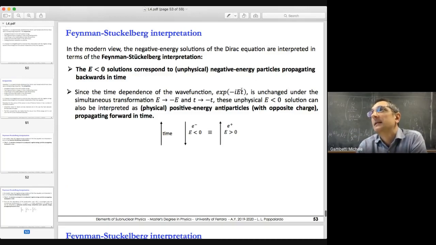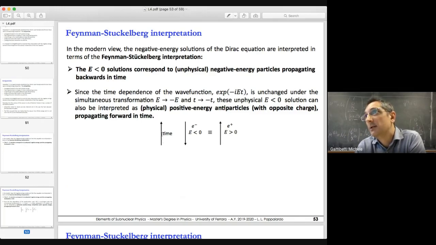Now, since the time dependence of the wave function is unchanged if you simultaneously swap E to minus E and t to minus t, you get exactly the same. These unphysical negative energy solutions can also be interpreted as physical positive energy antiparticles with opposite charge, now propagating forward in time.